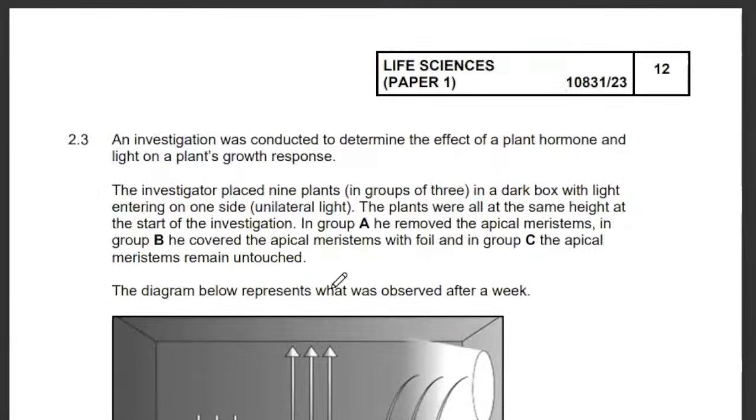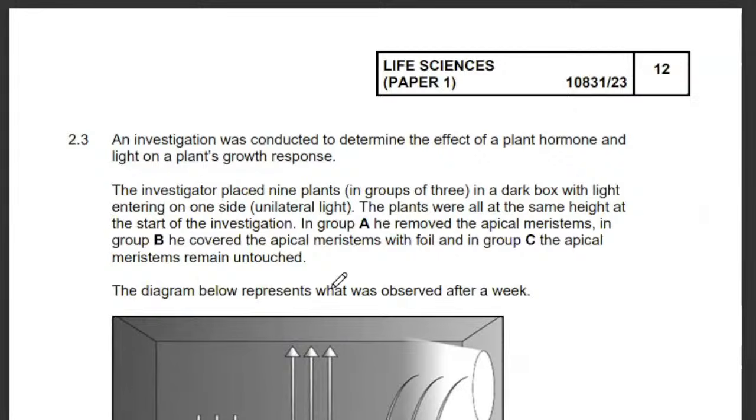The investigation was conducted to determine the effect of plant hormone and light on the plant's growth response. Investigators placed 9 plants in groups in a dark box with light entering from one hole or one side, which we call unilateral light. The plants were all at the same height at the start of the investigation.